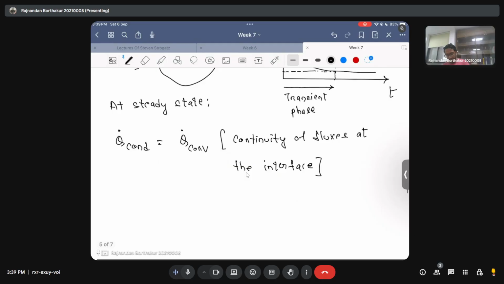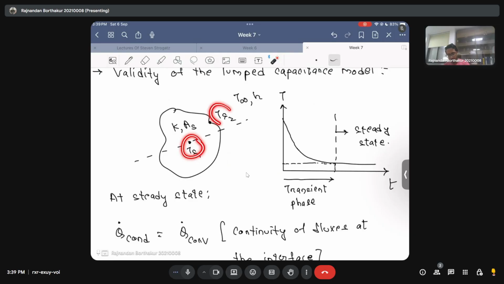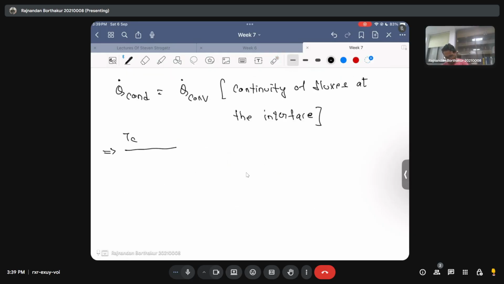But we can then write this q conduction using the resistance model. This is delta T, which now becomes TS1 minus TS2, because this is what is driving the conduction flux. So this becomes TS1 minus TS2 divided by the resistance, which is L by K, and I will write it as LC, the characteristic length, divided by K times AS.